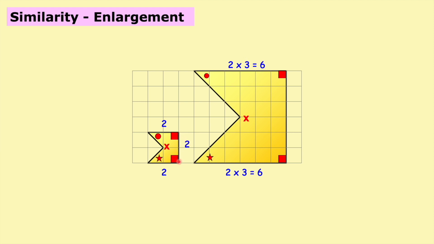And also this height here is 2 boxes, and we've enlarged that to be 6 boxes as well. So each of these corresponding sides have been enlarged by the same scale factor, and we say here that the scale factor is 3 because we are timesing each side by 3. Okay, so that was an enlargement.